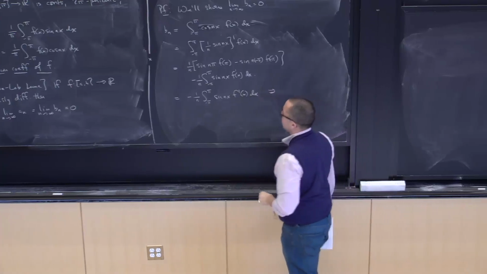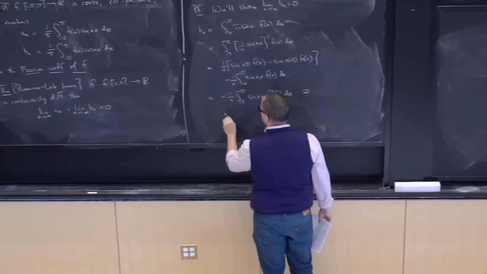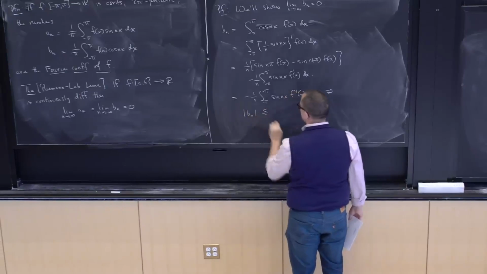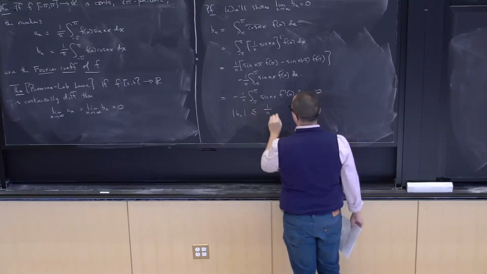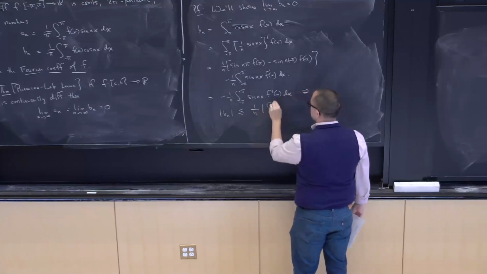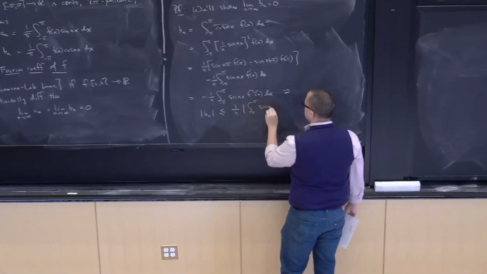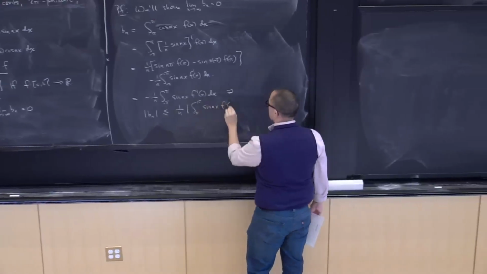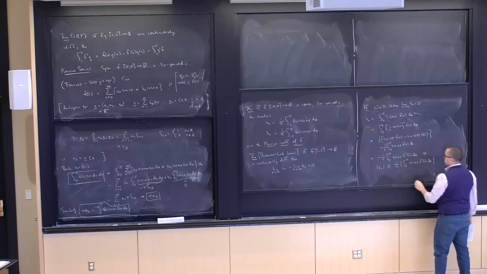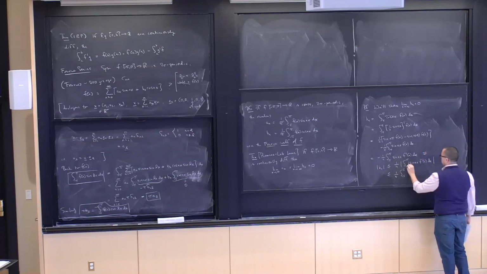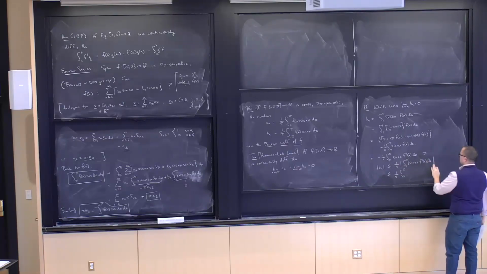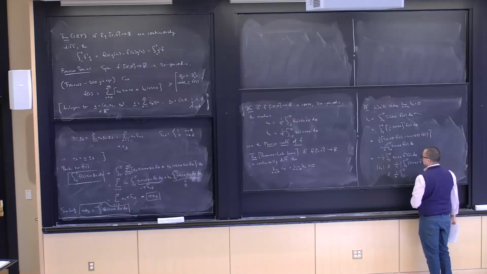And therefore, if I take the absolute value of b_n, this is less than or equal to 1 over n times the integral from minus pi to pi of the absolute value of sine nx times f prime of x dx, if I bring the absolute value inside and still get this.